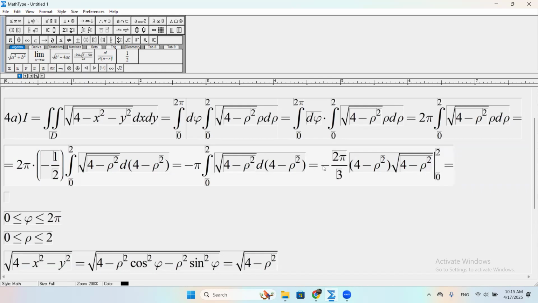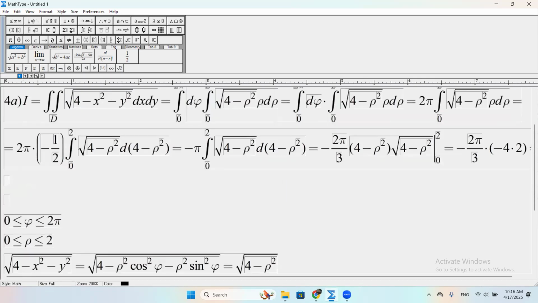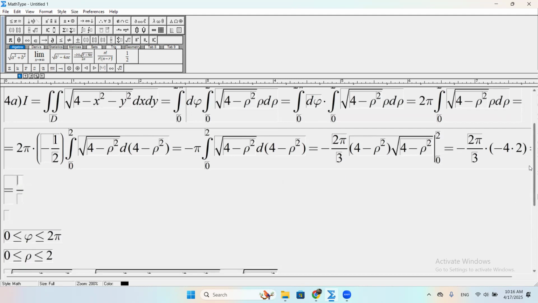We can see it. So minus 2pi over 3 multiplied by minus 4 by 2. So the final answer is 16pi over 3.